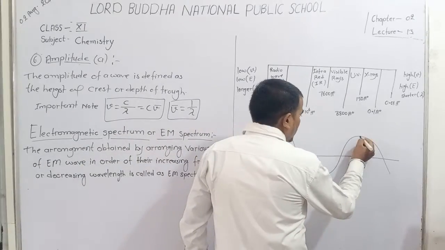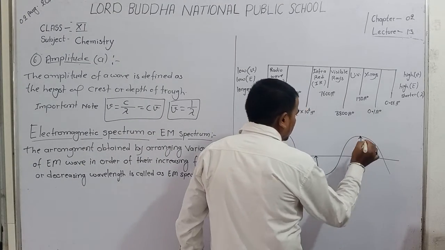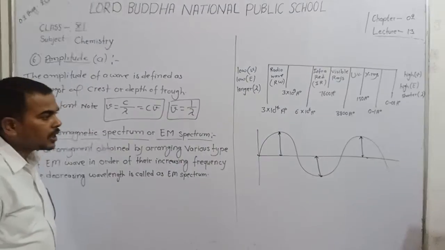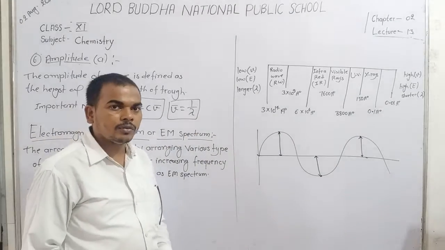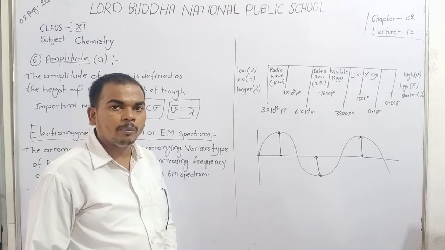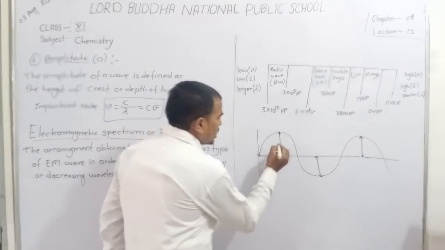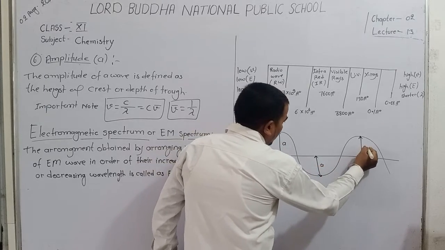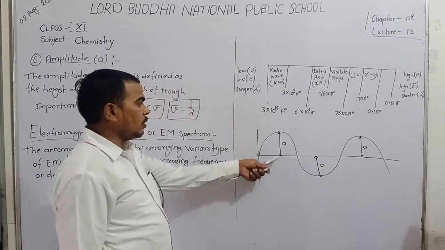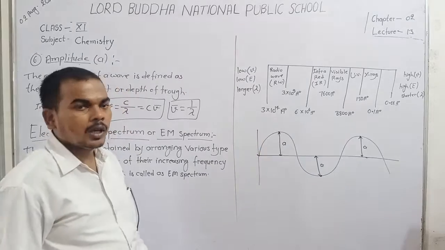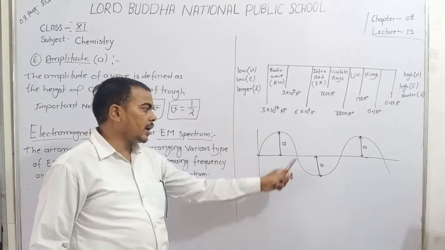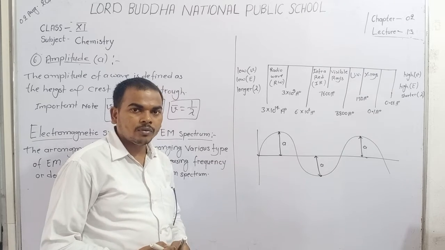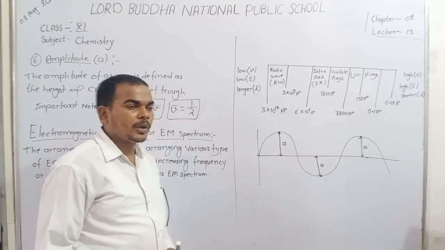Here the maximum height of the crest or the maximum depth of the trough is known as amplitude. So we write here amplitude as A. The maximum height of the crest represents amplitude, and the maximum depth of the trough also represents the amplitude.